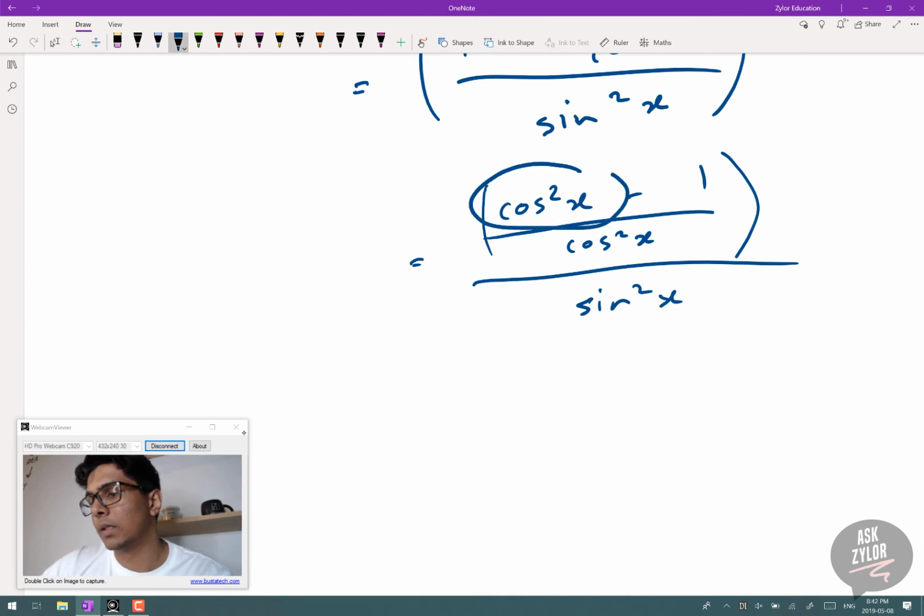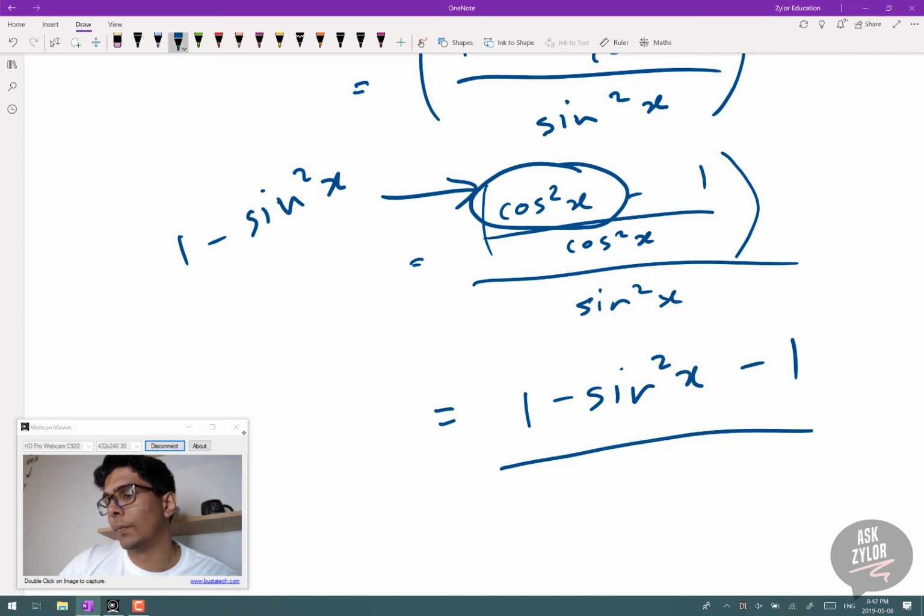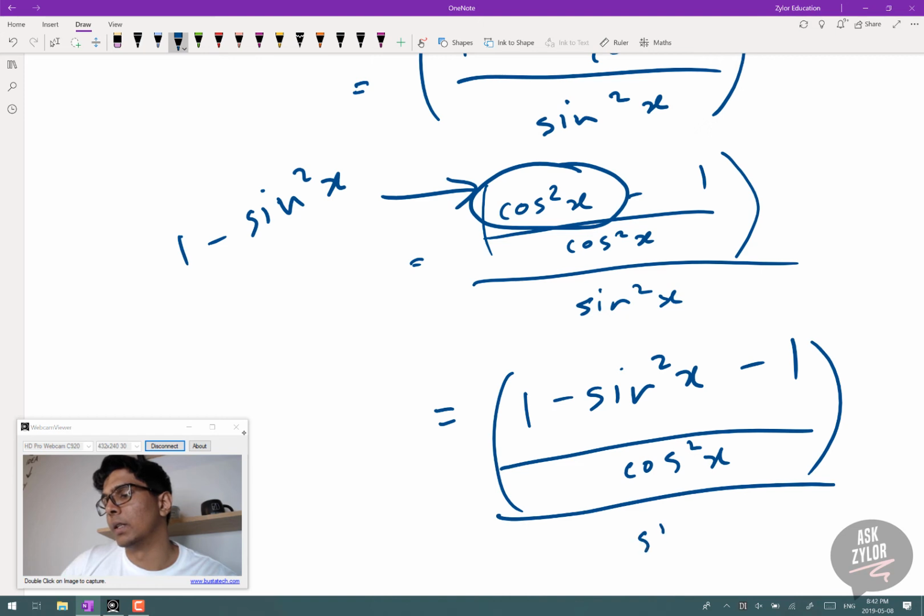Then I'm going to replace the cos squared x with 1 minus sine squared x, right? That gives me 1 minus sine squared x minus 1 over cos squared x, all this divided by sine squared x.